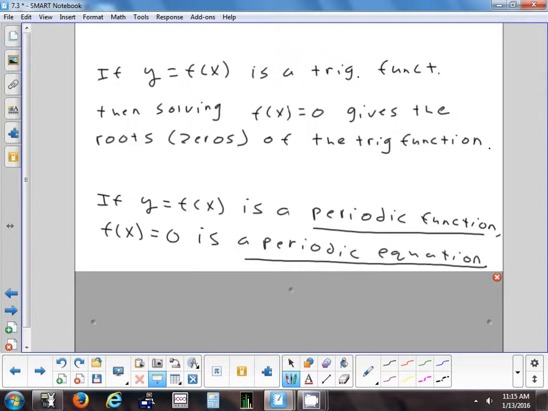And if you're solving, when you have a function that's periodic, okay, so any trig function is periodic, when you get it equal to 0, you're really solving what's called a periodic equation, which means that your equation is going to have infinitely many answers because one of the terms in it is a periodic function. So one of the terms could be like sine, cosine, tangent. Okay, not every function is periodic, like y equals x squared. It's just a parabola. That's not a periodic equation.